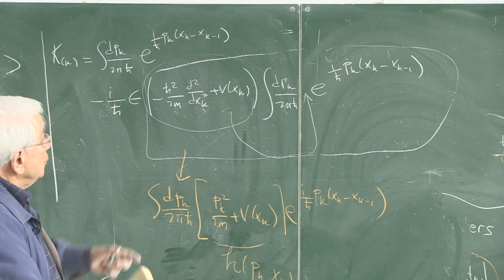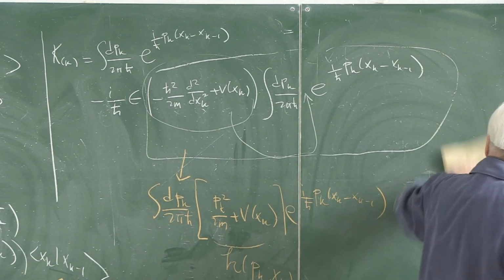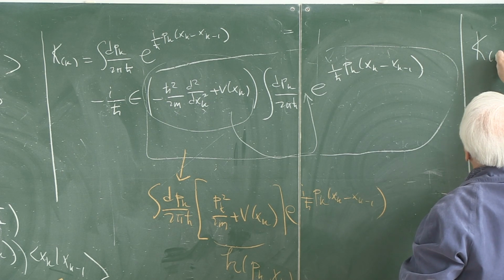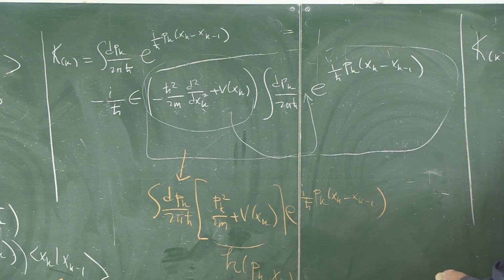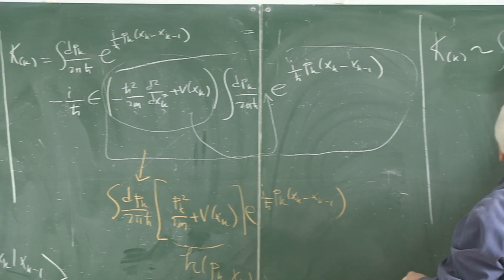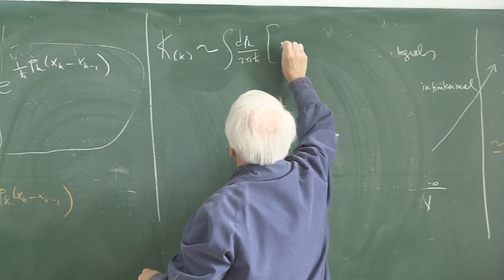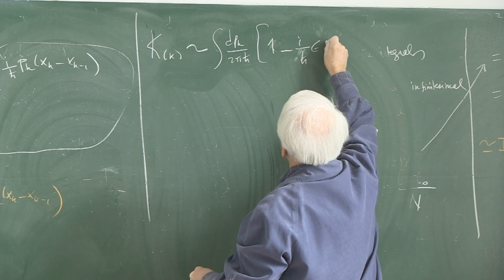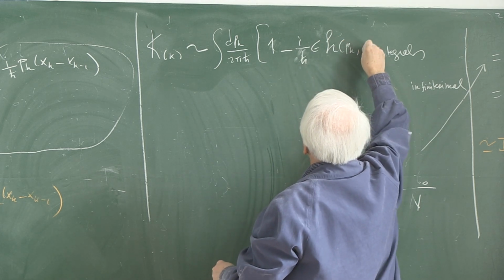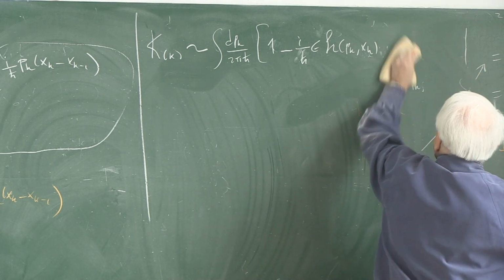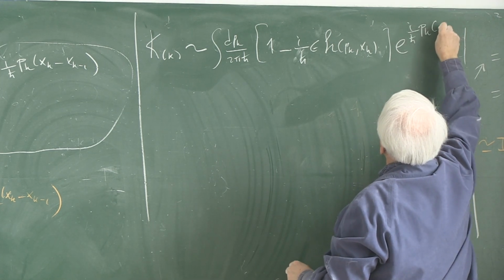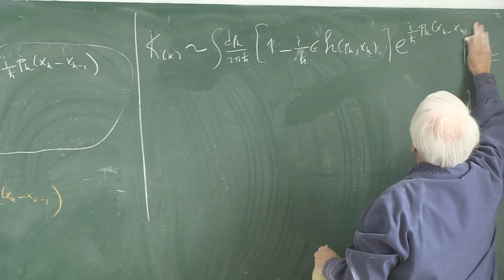And you bring this all together, and what do you have then? The kernel of this infinitesimal interval is the integral dpk over 2 pi h bar, 1, number 1 now, minus i over h bar epsilon H of pk and xk, times e to the i over h bar pk times xk minus xk minus 1.